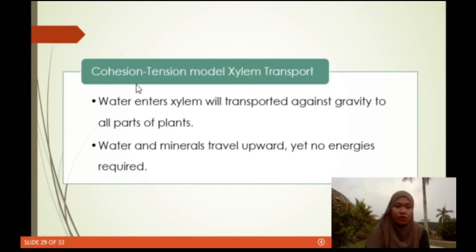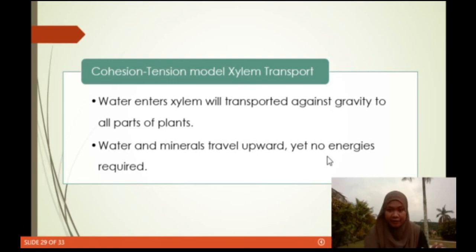I want to talk about the cohesion tension model of xylem transport. For the first point, water in the xylem will transport against gravity to all parts of the plant. And second point, water and minerals travel upward yet no energy is required.